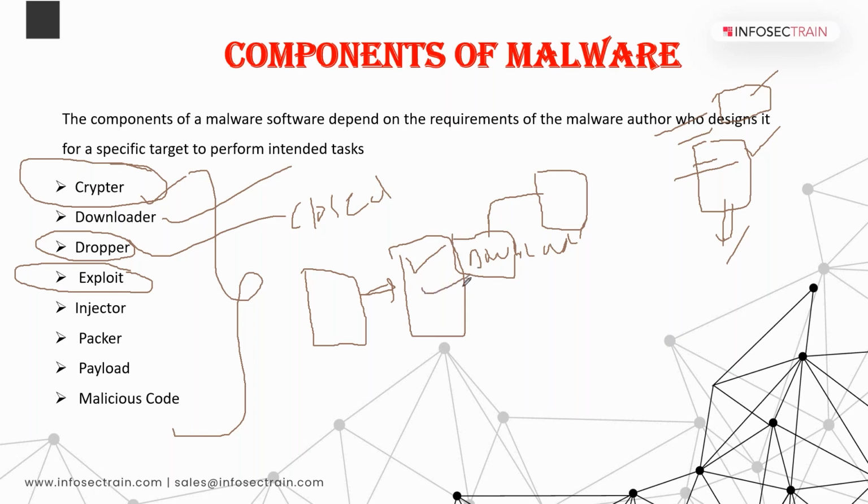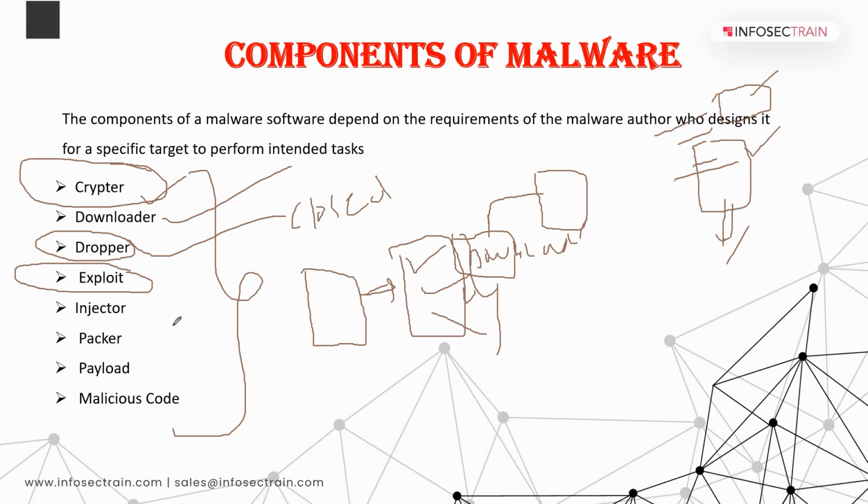After that I need to go to this folder and crash it, and I need to steal the information from this particular folder, everything step by step. That is the exploit. It is a few lines of code, but things have to be performed over the target. That is the exploit.